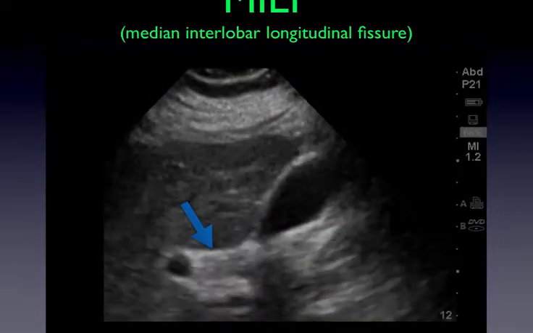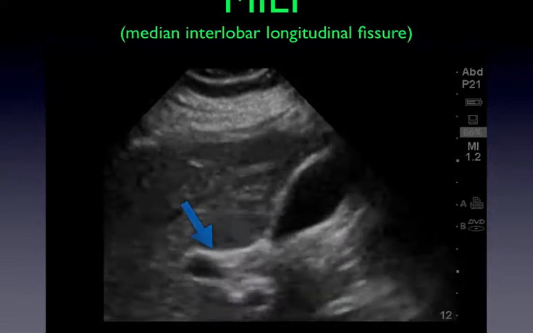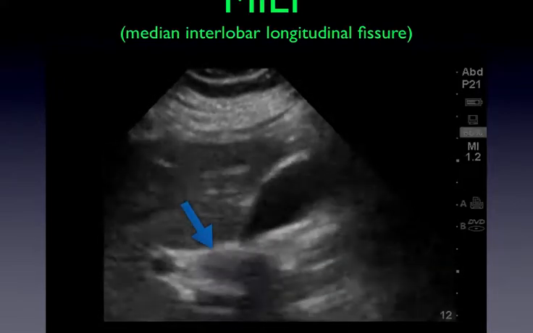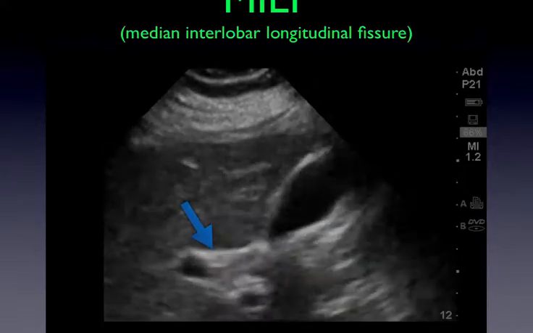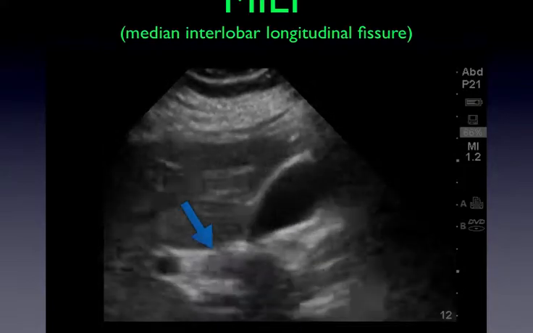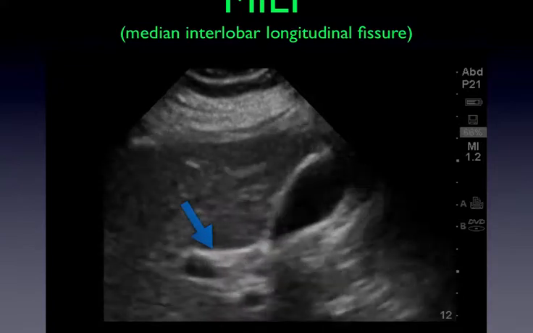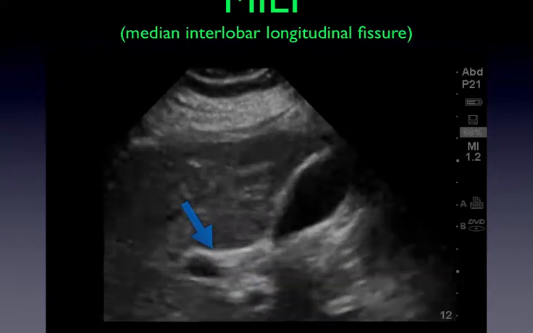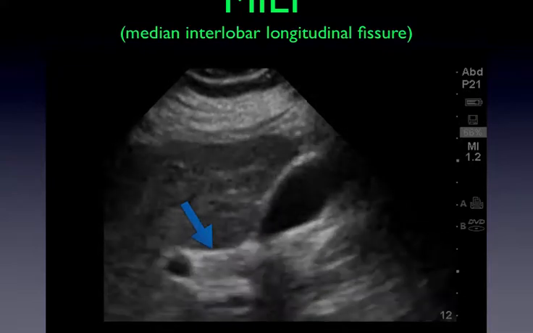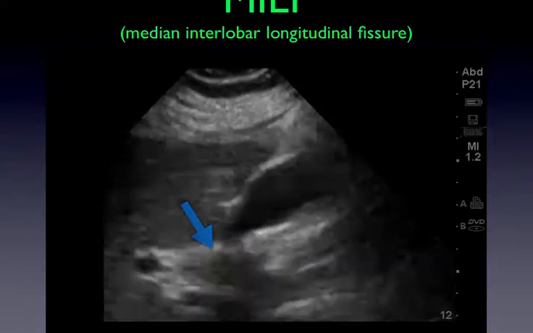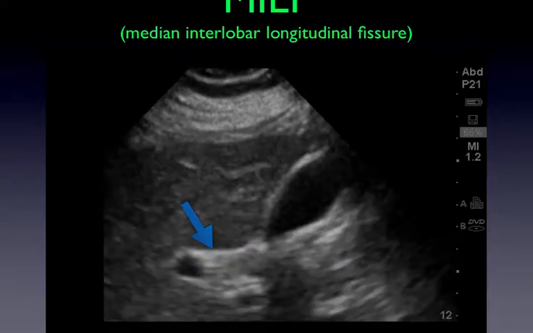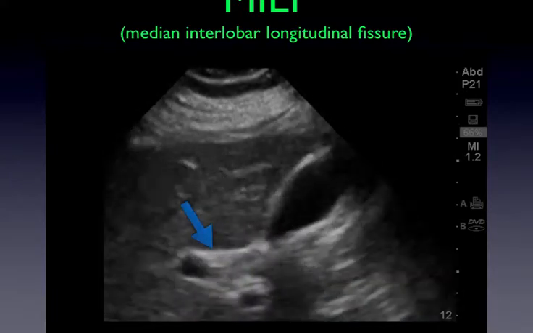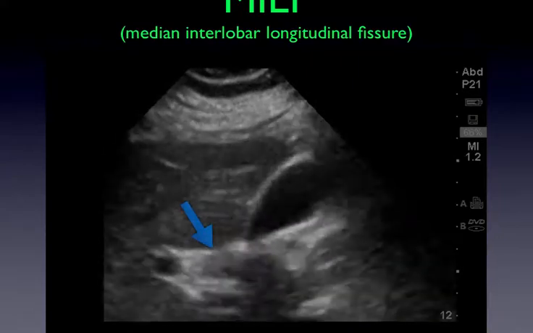Over here, this is the MILF, the median interlobar longitudinal fissure. So at the blue line, you can see this hyperechoic structure, which seems to connect the gallbladder to another structure, which is the CBD, the common bile duct. If I can't find the gallbladder and I see this longitudinal structure, the MILF, I know that at the end of it, I will find the gallbladder.